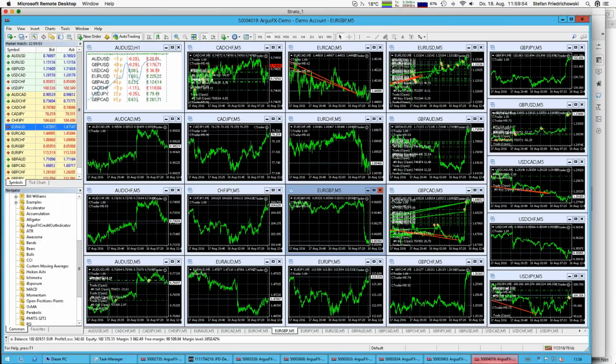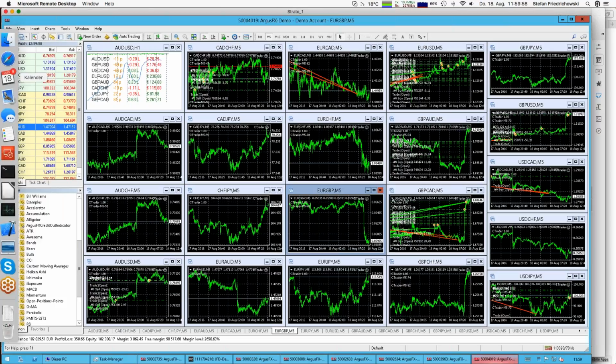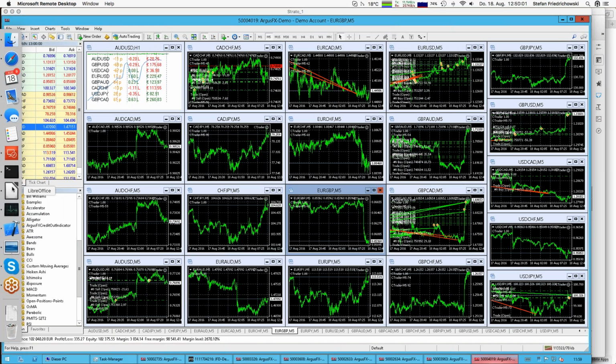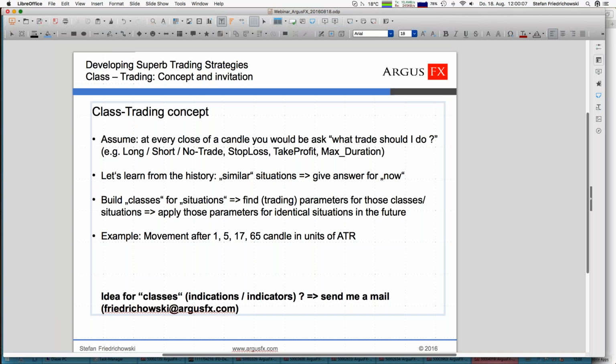This was only an example, but I know there might be a lot of other good ideas how to create and name situations. And what I mean with situations, I think you should have understood now, I hope at least. And if you have a good idea, just send me an email how to separate situations by certain indications.